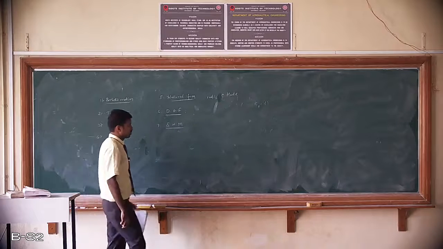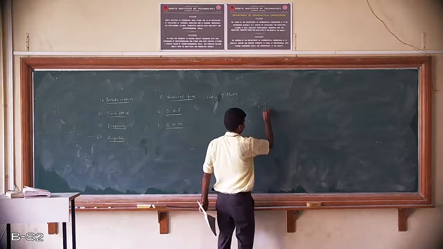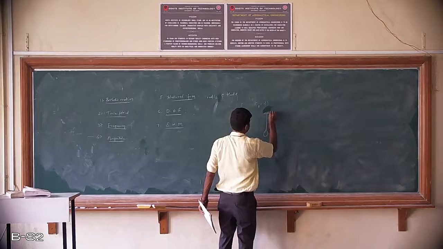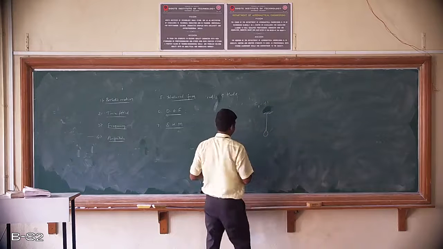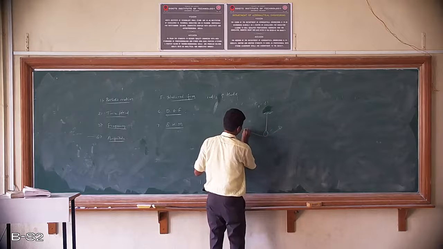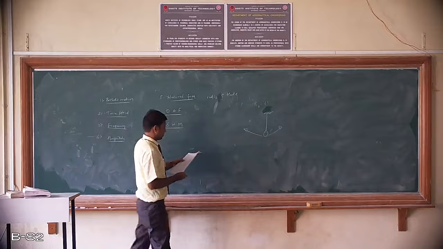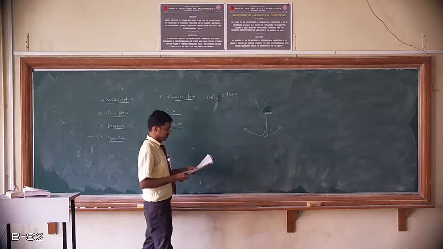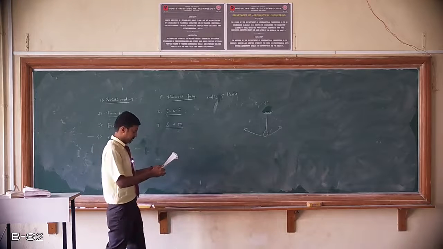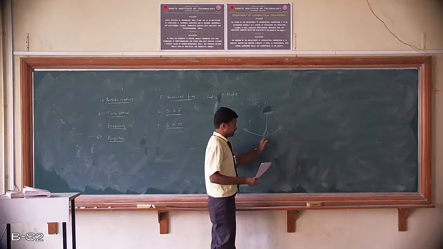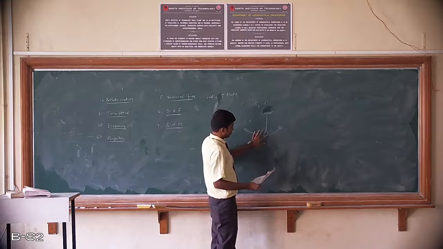As I have told, in case of a simple pendulum, how is it going to move? It is going to move to this point, to this point. So if I give an initial excitation to this simple pendulum, the body starts to move, and it is called to and fro motion about this fixed point.